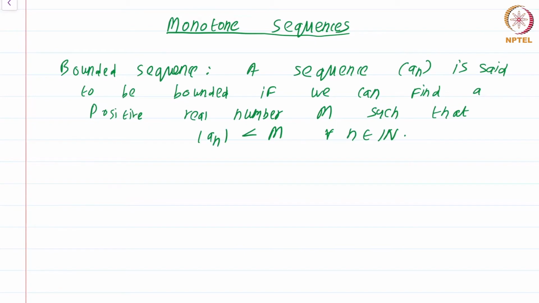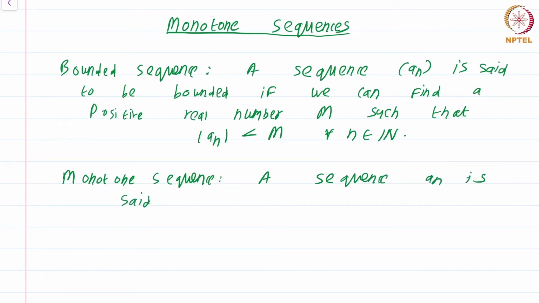The second definition is monotone sequence. A sequence A_n is said to be increasing if A1 is less than or equal to A2, is less than or equal to A3, and so on.